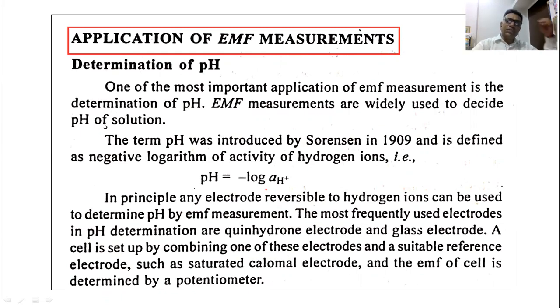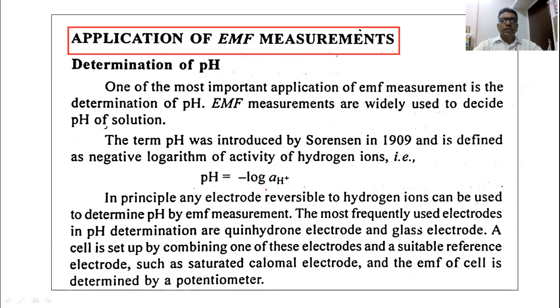Generally, for the determination of pH, any electrode reversible to the hydrogen ion can be used. That means the electrode should have the hydrogen ions as an electrolyte.